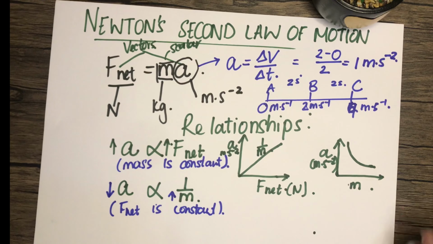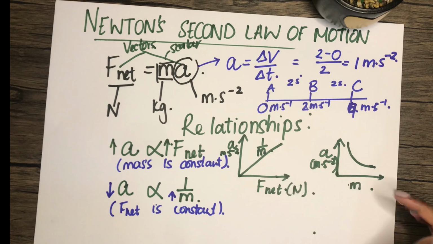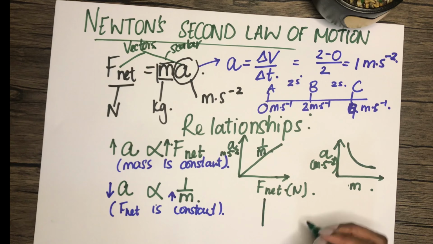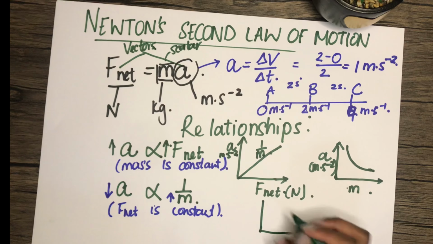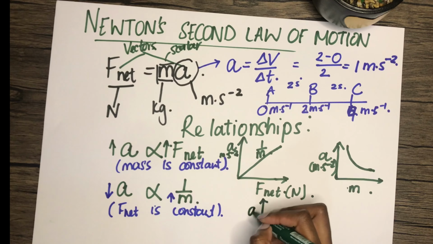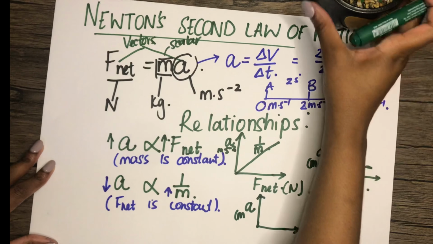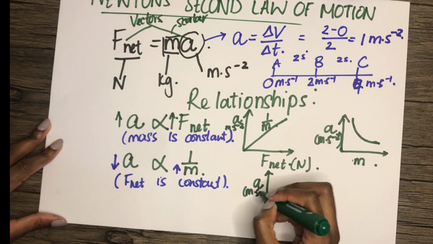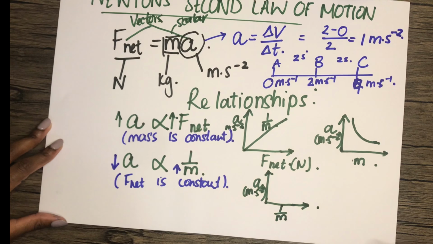Delta y over delta x is going to be 1 over m. On this side, we never calculate the gradient. This is a hyperbola; we don't deal with this gradient. We deal with the gradient of a straight line. And then I can also have another graph which looks like this: acceleration, in meters per second squared, versus 1 over m.